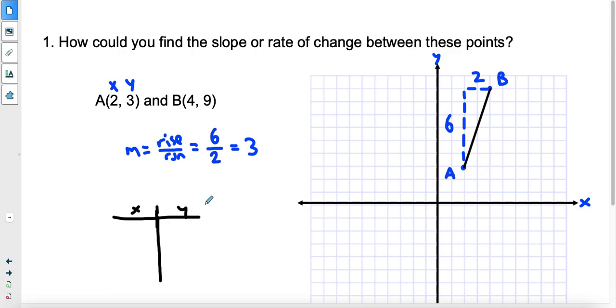So what I can do is I can put my 2 points here in a table. So if I look at my 2 points, the x values for my 2 points are 2 and 4. And my y values are 3 and 9.